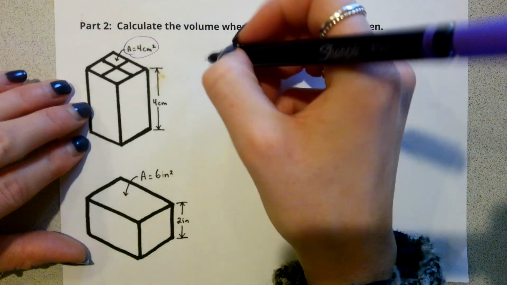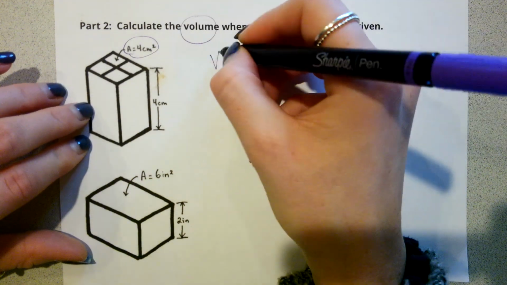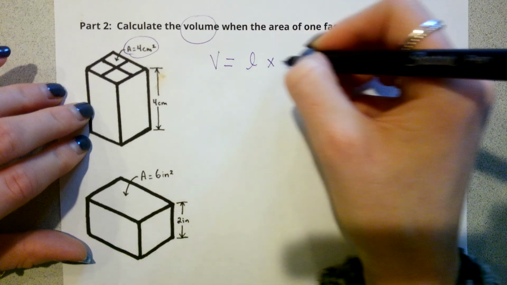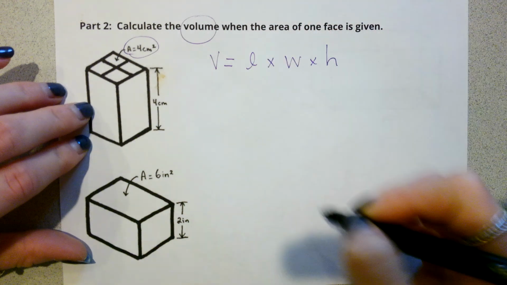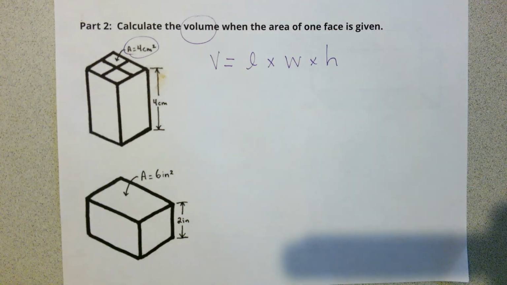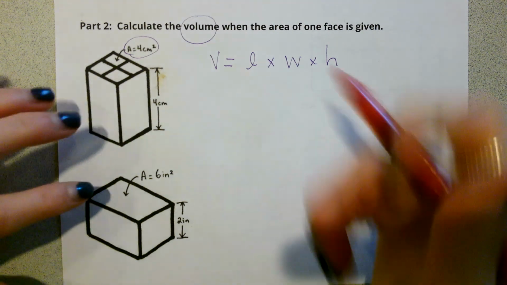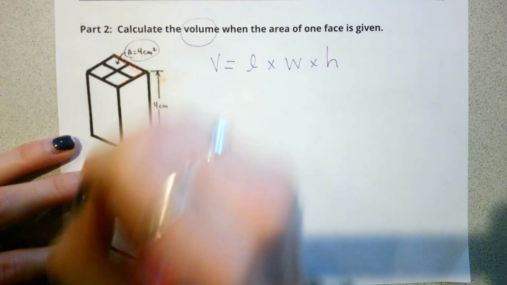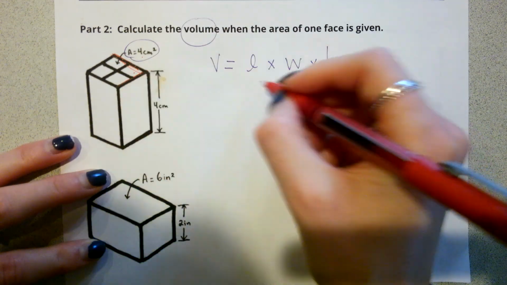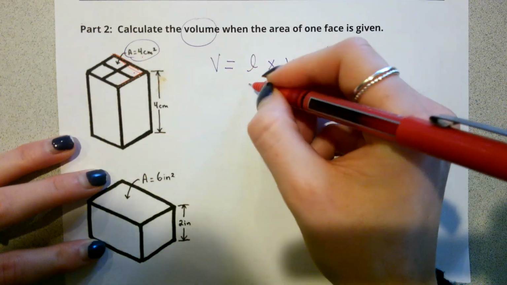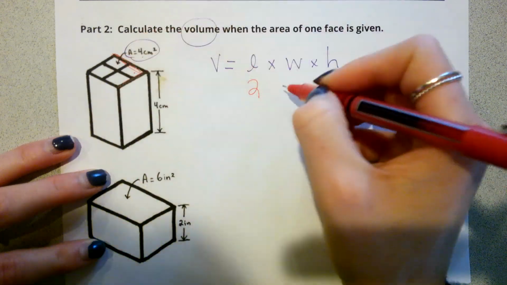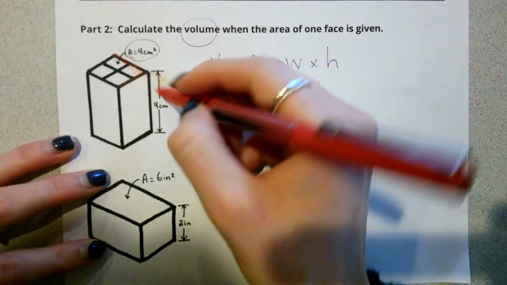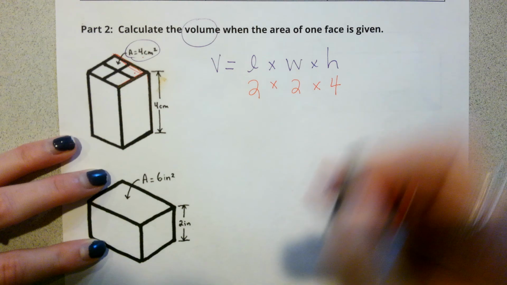I know that volume equals length times width times height. If I look at the area, I can see 1, 2. So my length would be 2, my width is 2, and my height is 4.